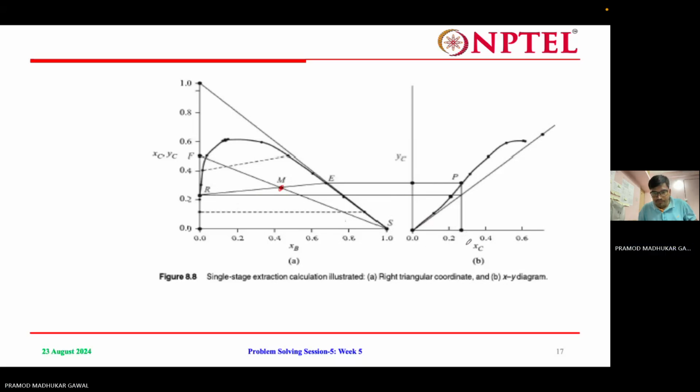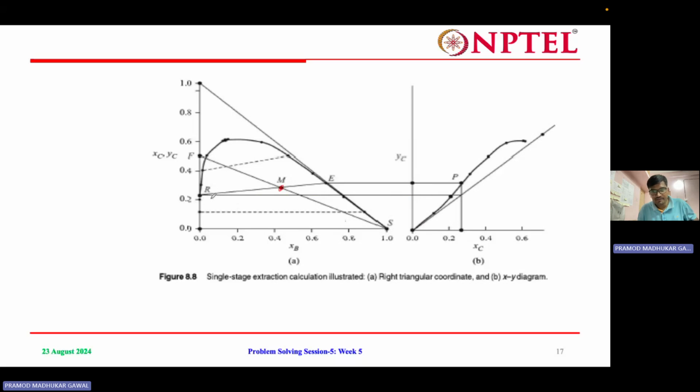Now draw here at 0.28. Draw the straight lines. So then draw the lines. So this is the equilibrium line. Then draw the line.